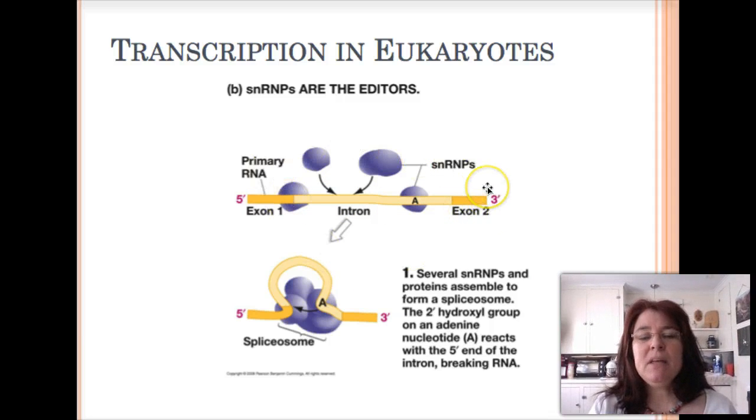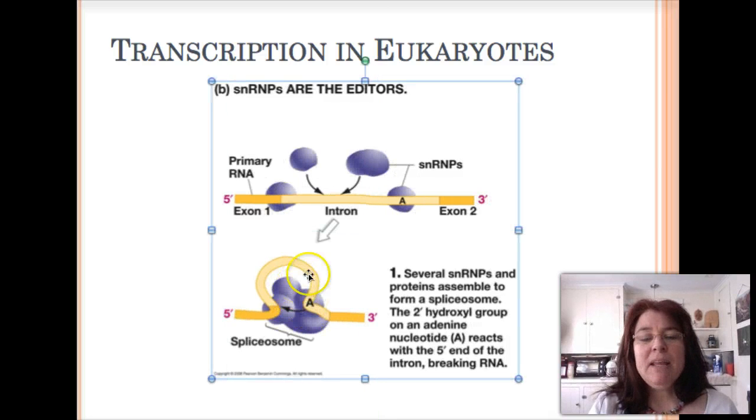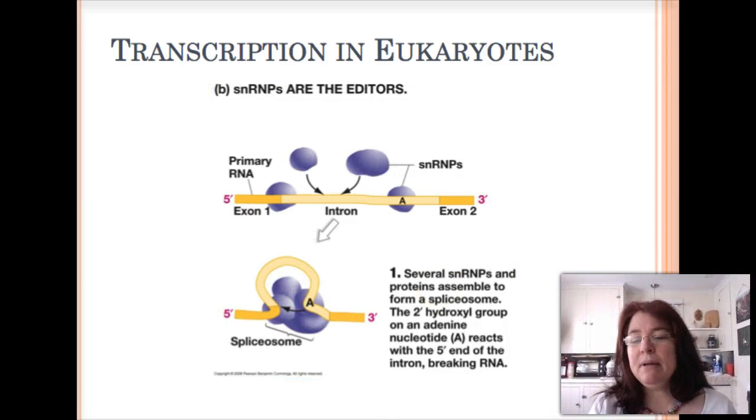So the SNRPs come in and they bind at the boundary between the exons and the intron, here and here. And that binding causes the intron to loop up. So essentially what the spliceosome is doing is bringing the exons closer together and making the intron loop up.